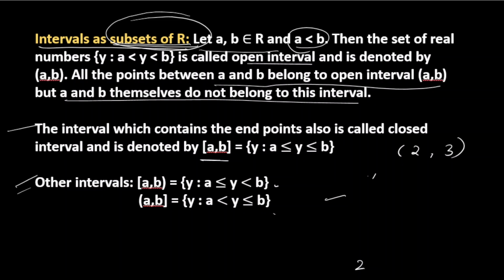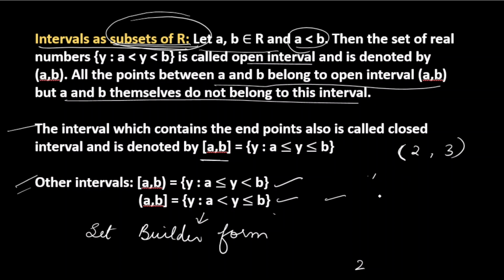See, these intervals can be written in this form also, like this. When I'm writing this form, it is known as set builder form. So it's very easy. Suppose I have this interval and I want to write it in set builder form.